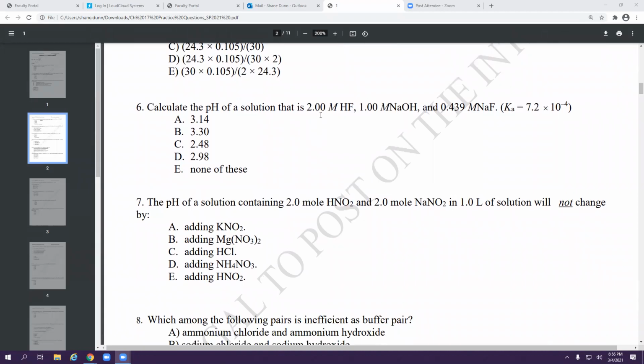Number 6 is where stuff starts getting a bit difficult for this chapter. So calculate the pH of a solution that is HF, NaF. HF, strong or weak? NaF, what is that?